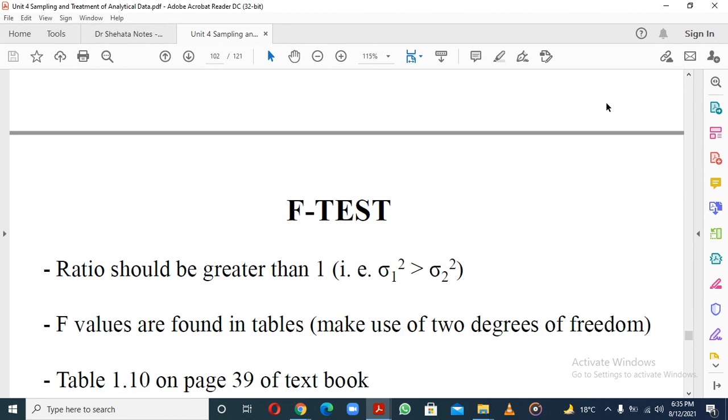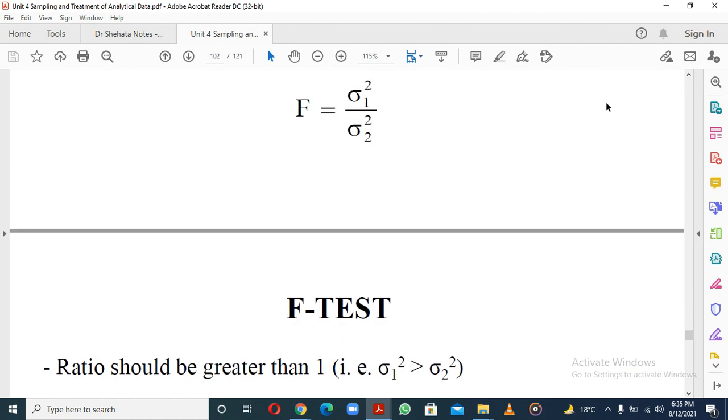Now, one thing that is very, very important to take note of is that the ratio should be greater than 1. Now, what does that mean? And that's where many people make a mistake. The ratio, that f value, should be greater than 1. So how do you ensure that your ratio is greater than 1?